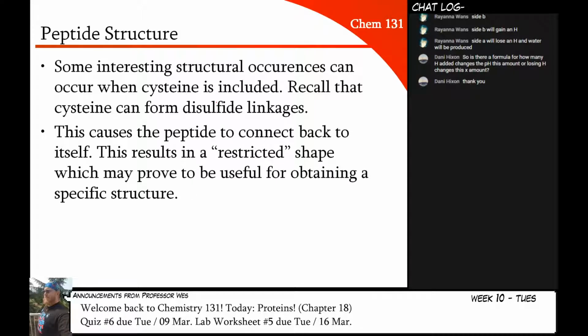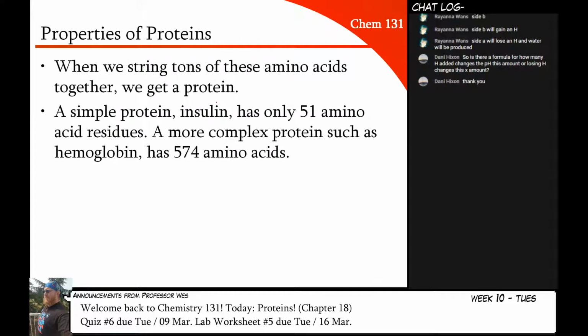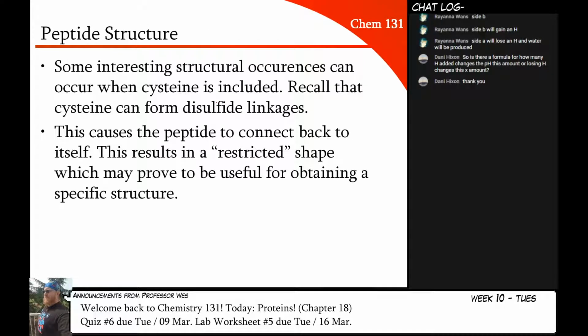I can make a new particular shape, the hairpin that I talked about before. So whenever you see cysteine in a chain, that's one of the interesting things that we're going to be looking for. Other ones we'll look at on a case-by-case basis, but cysteine is one of the particular important ones.